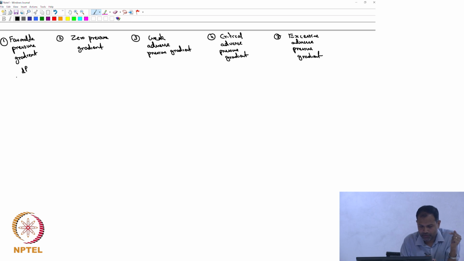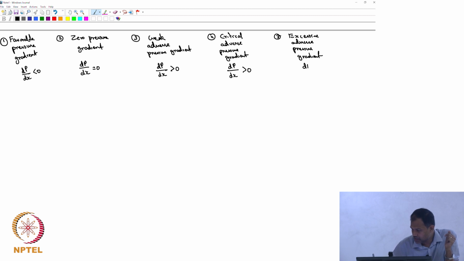So favorable pressure gradient has to be in the direction in which dP/dx is less than 0. This is dP/dx equal to 0, this is dP/dx greater than 0, this is dP/dx greater than 0, this is dP/dx greater than 0, and therefore du∞/dx should be greater than 0, du∞/dx is 0, du∞/dx is less than 0, less than 0, less than 0.